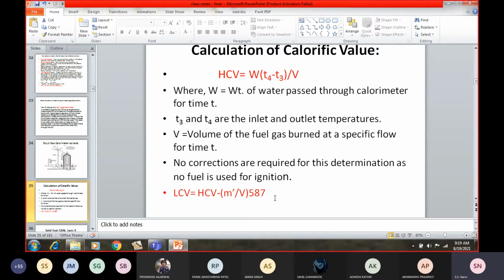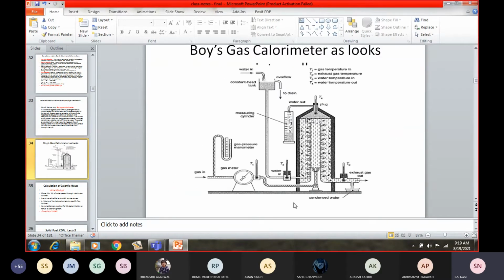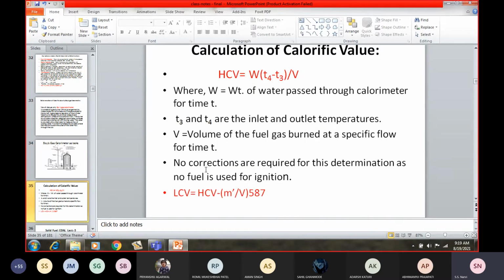Now, if you want to determine the LCV from the same experiment, we have collected the water. How much water has been produced by burning the gas of volume V? This is the mass of the water which has been collected, condensed here for V volume of the gas. Therefore, it is HCV, which we have determined from here, minus M prime.